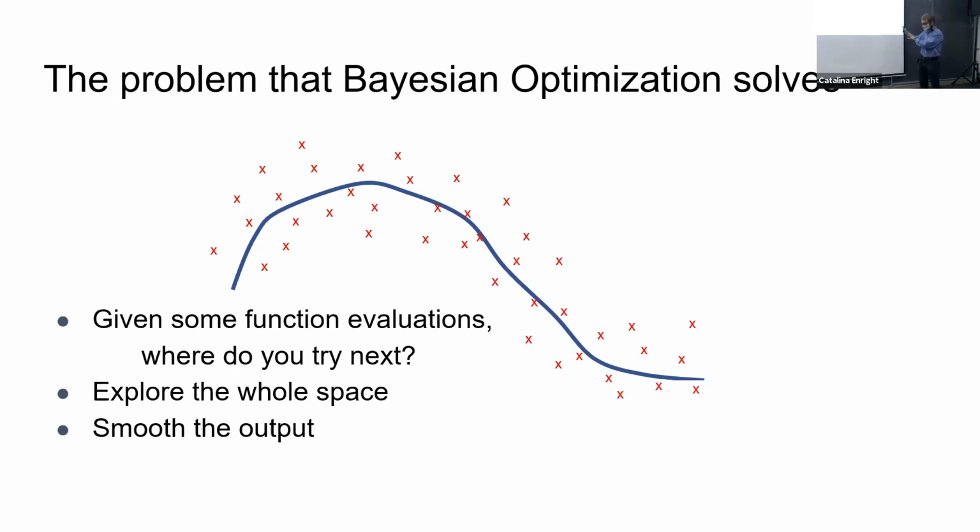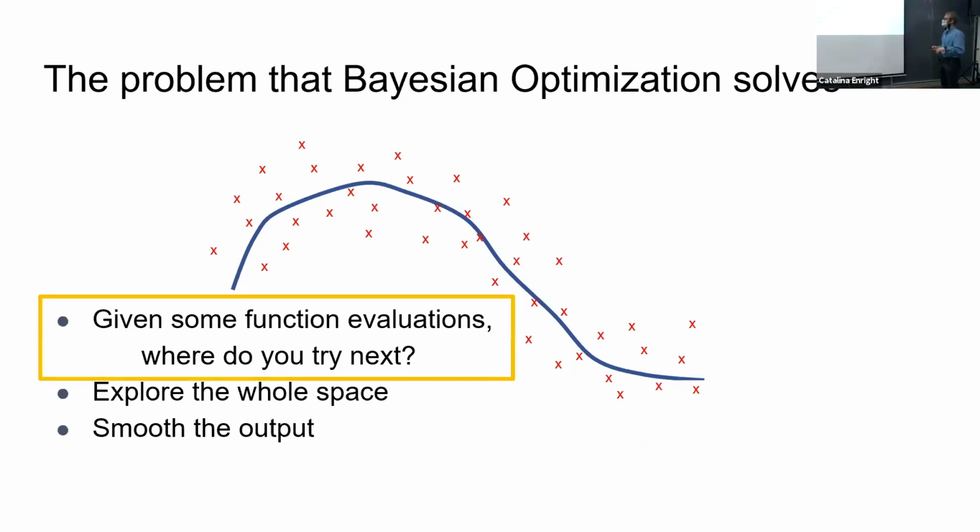But in the simple cases I'm going to show you, I have 4 parameters. If I do a complete grid search of that space, it's really a lot of function evaluations. So not really feasible. So this is the problem that Bayesian optimization solves: given that I've evaluated the thing a few times, where should I look next? So I don't have to do a complete grid search.